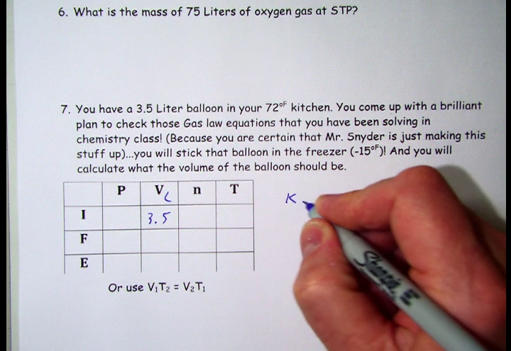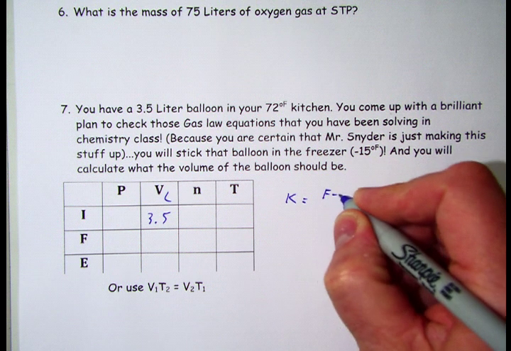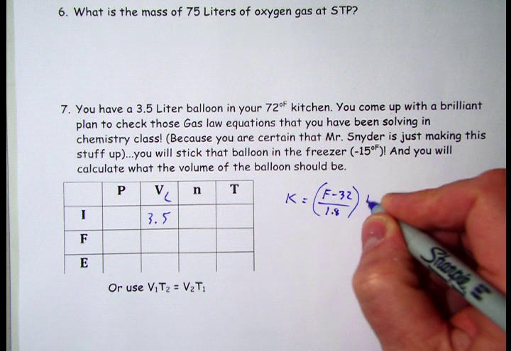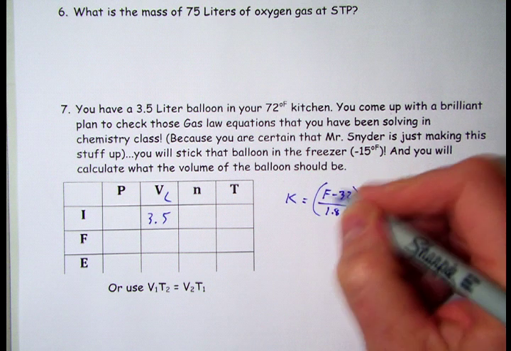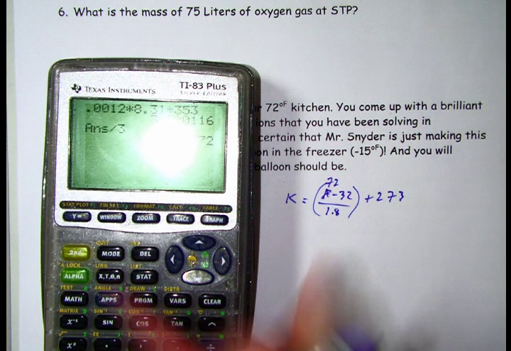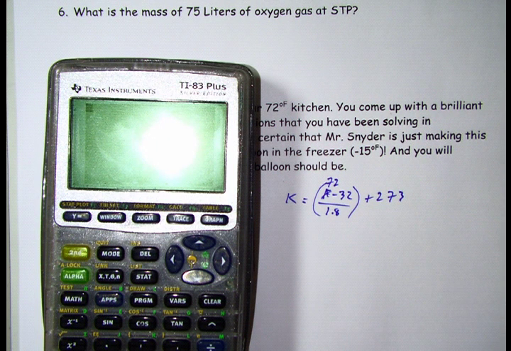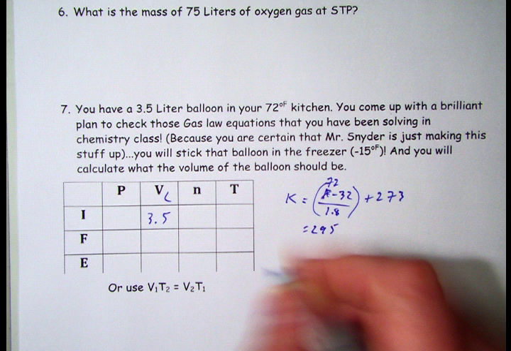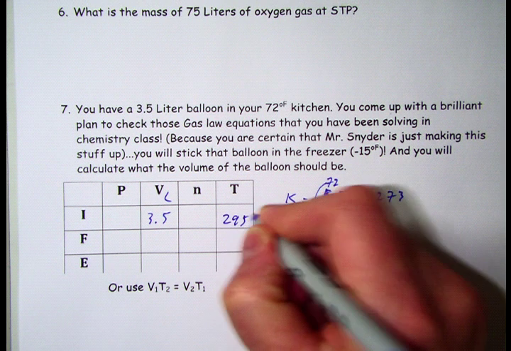So Kelvin is going to be Fahrenheit minus 32 divided by 1.8, and then add the 273 back in. And our Fahrenheit here is 72. So 72 minus 32 divided by 1.8, and add our 273 to make it Kelvin. It's 295 Kelvin.